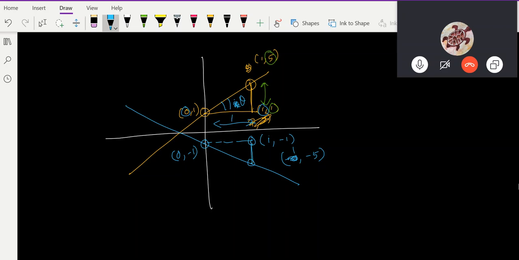So here, how do I find the slope? It would be minus 5 plus 1 over 1 minus 0. Slope is this one, right? So what is this one? It is minus 1 minus of minus 5, right?